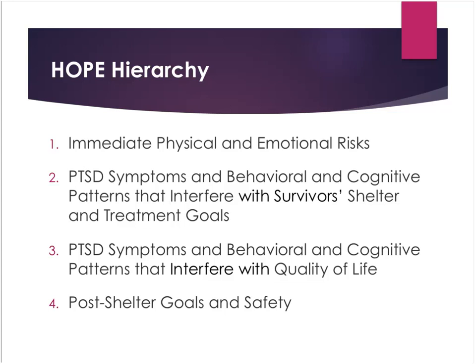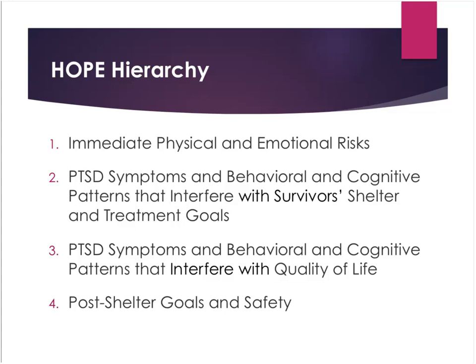What we start with is immediate physical and emotional risk. So safety, anything that's interfering with their physical or emotional safety, takes priority. Then, if there are no immediate risks, we move on to the PTSD symptoms that may interfere with their ability to meet their shelter goals or the treatment goals they worked with us to develop in HOPE.